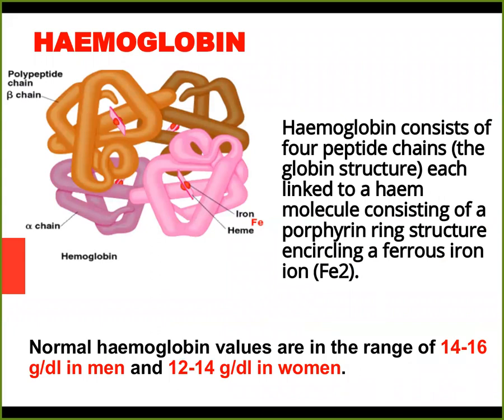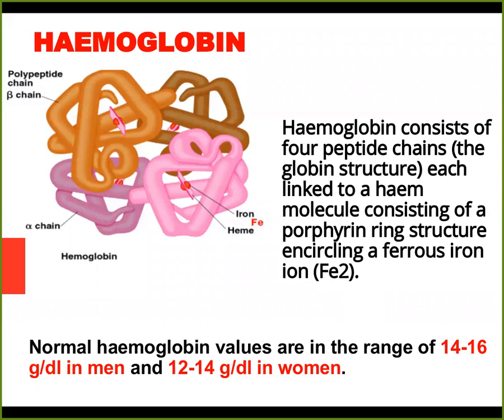Okay, next parameter for detection quality of blood is hemoglobin. This component of red blood cells consists of 4 particles of hem and 4 particles which are named globin.